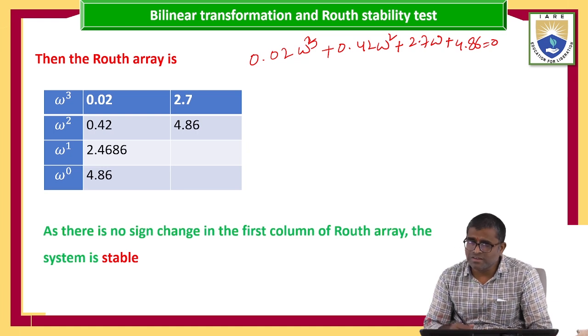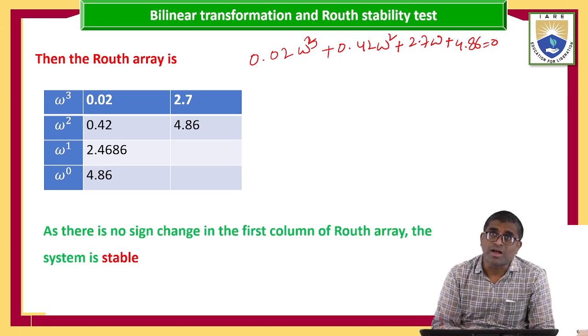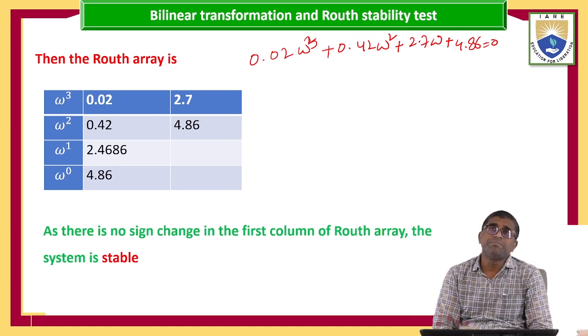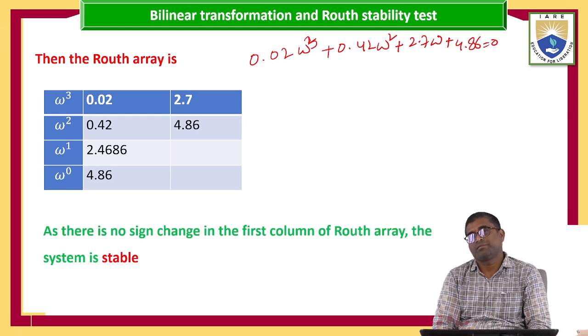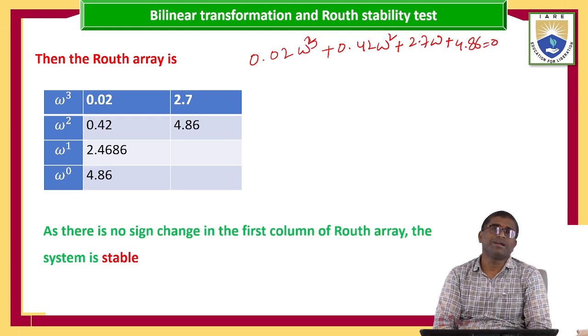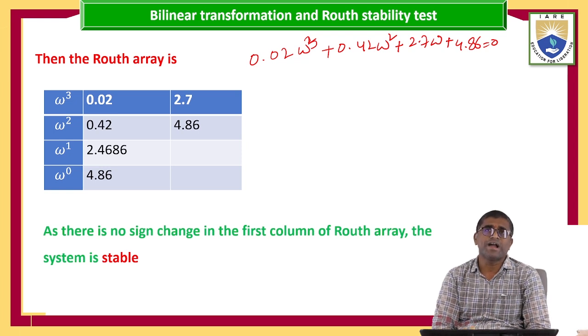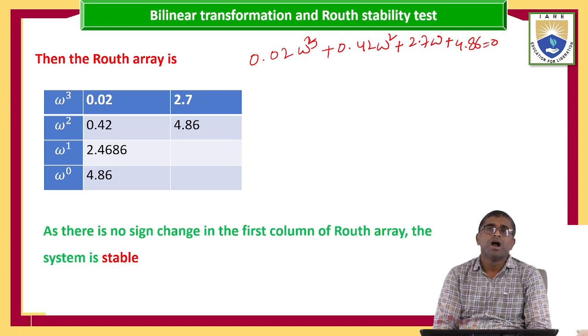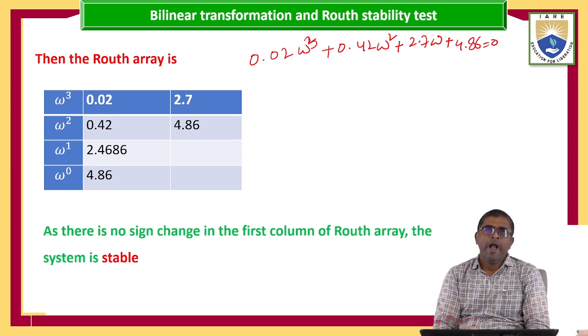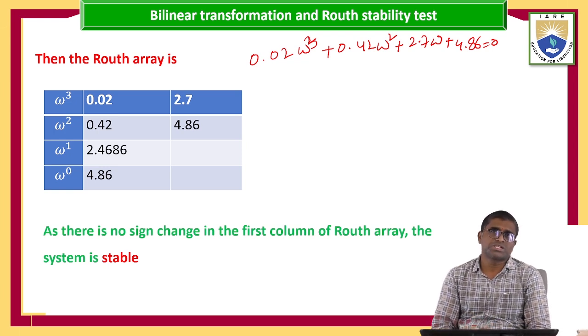What is the type of this characteristic equation? It is a transformation of the z plane to the omega plane. It is modified for RH criteria. In a control system, if they give the transfer function directly, you take it directly.